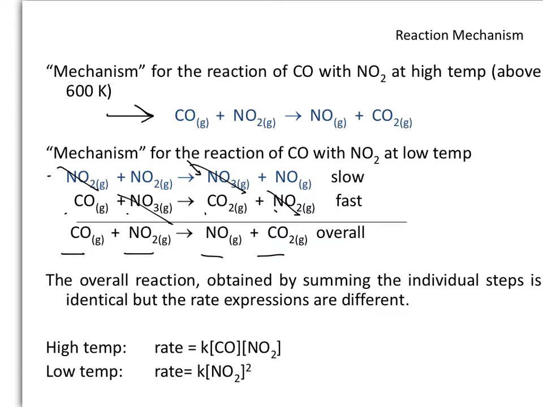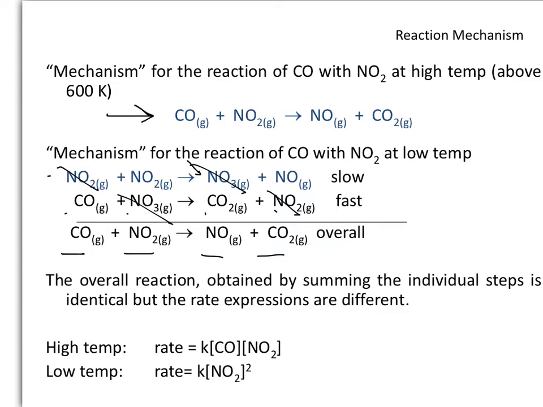So an overall reaction essentially can be written as a combination of multiple steps. Okay, and essentially there are a couple things here. You will not see the intermediate steps that might be involved when you're seeing the overall reaction.